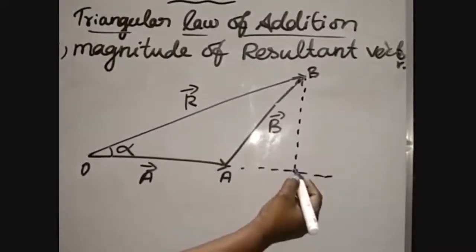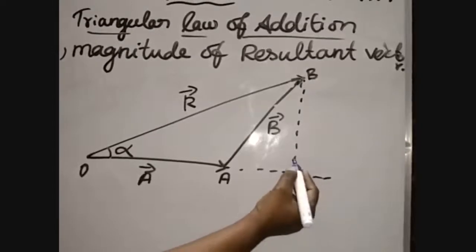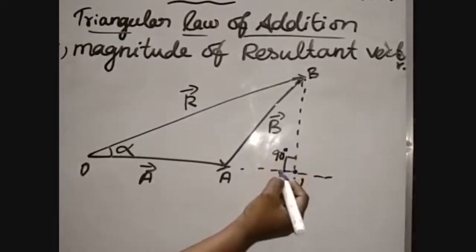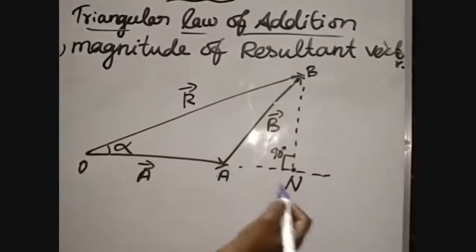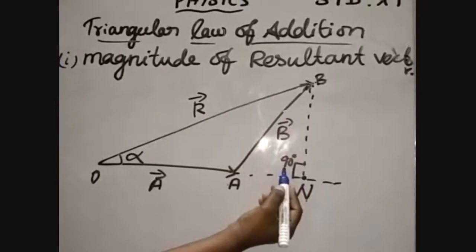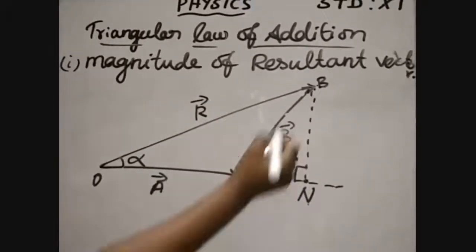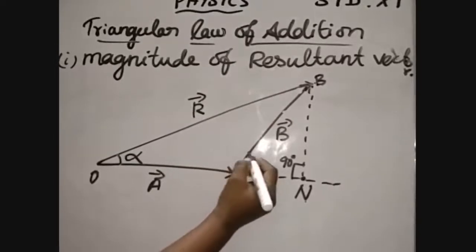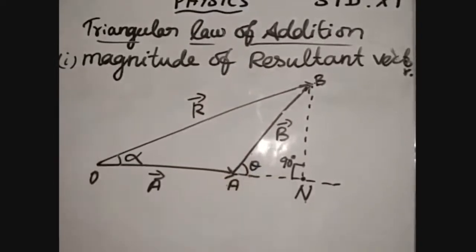Now say this point as N and this angle 90 degree, a right angle. So ANB is a right angle triangle. Right angle means 90 degree. The angle between A and B is theta. So this angle will be 180 degree minus theta.